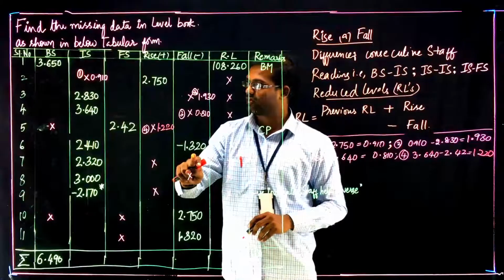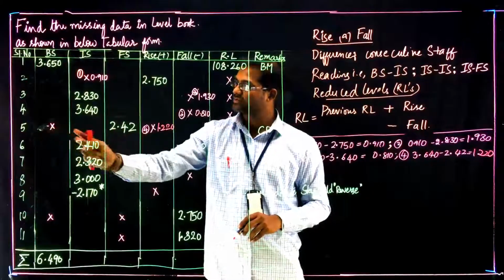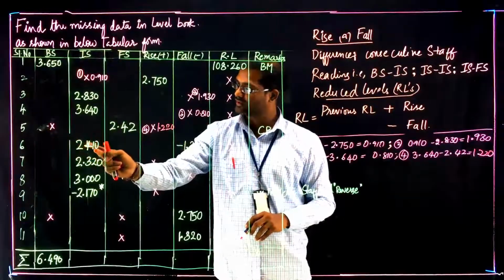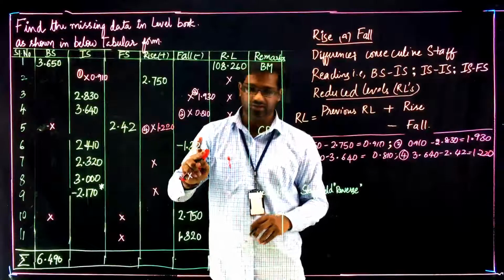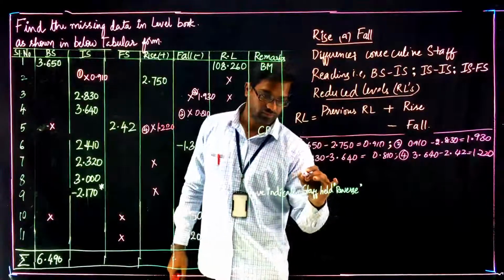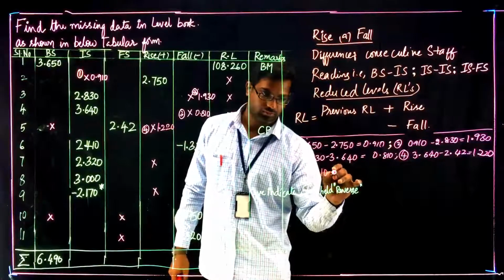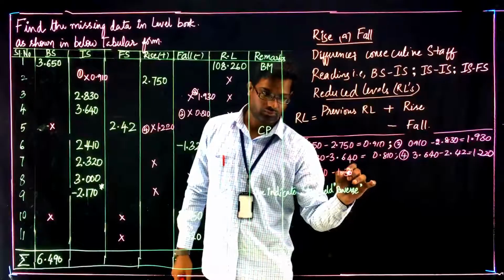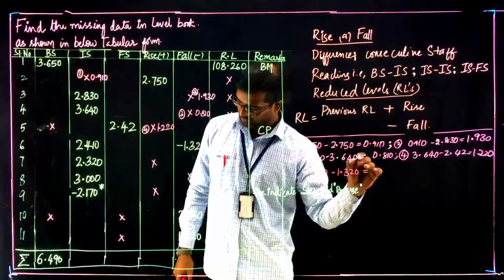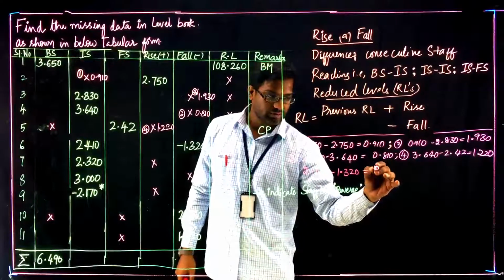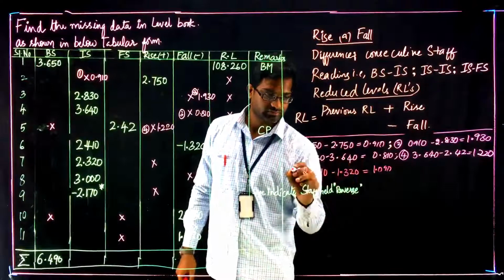If you are getting a fall, then this value is less than this value. So 2.410 minus 1.310 will give you a value of 1.090.